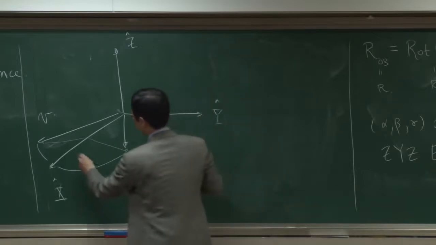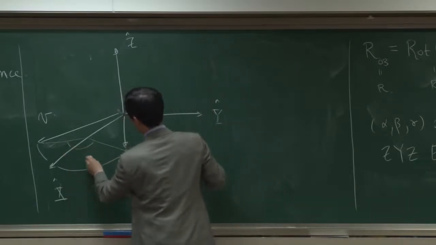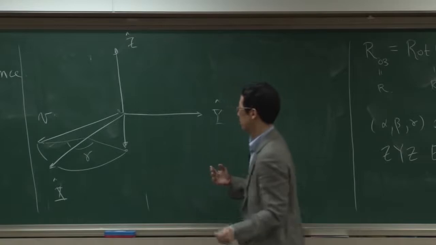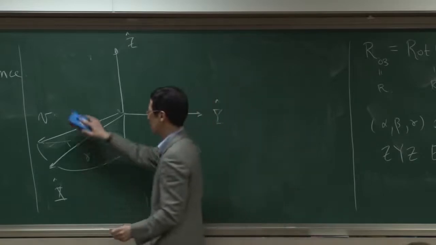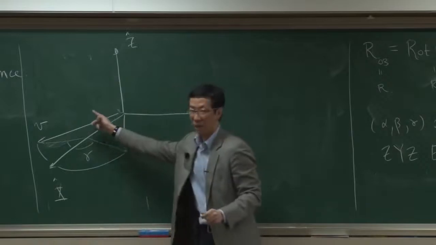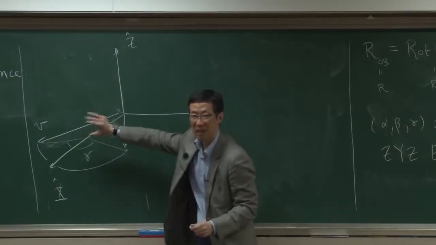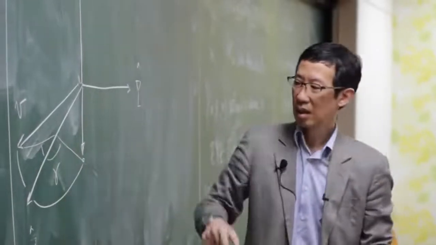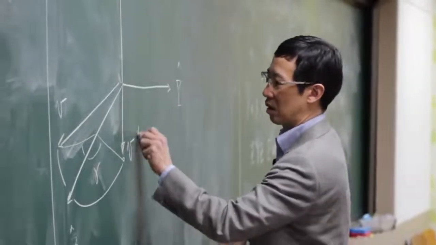Let's say this angle is gamma. So my v here is now rotated around the x-axis by angle gamma to the vector v prime.